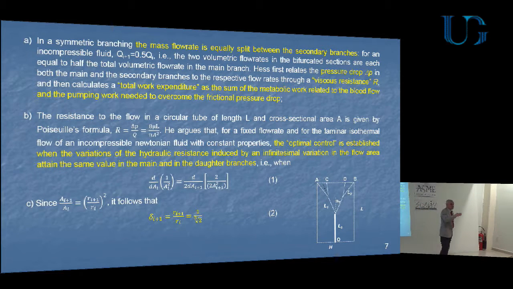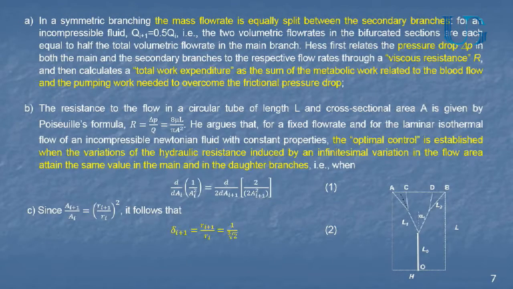So the variation of the resistance with respect to the area, which is with respect to the radius, must maintain the same value. You do this, you substitute this for the area ratio, and you get this formula, 1 over the cubic root of 2.